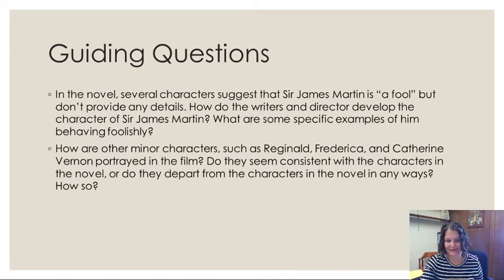I'm thinking specifically of the dinner scene where they talk about the peas, or the scene when he approaches Frederica as she's reading and gets confused about the difference between verse and poetry. These are some of the examples that come to mind for me of ways in which the writers and the actor flesh out this character.